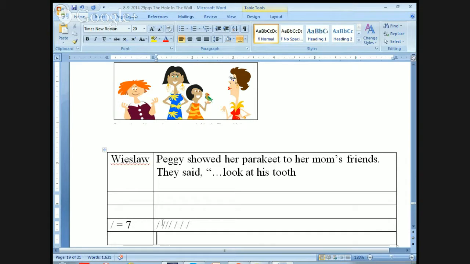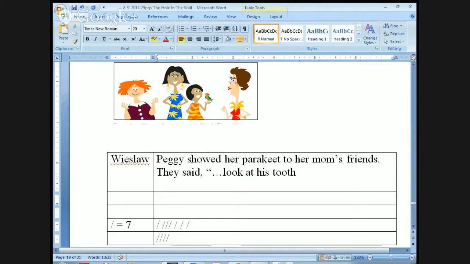Peggy showed her parakeet to her mom's friend. They said, "Look at this tooth, there is a big hole." But really, there weren't any hole. The tooth were beautiful, and the parakeet can eat a lot of food.